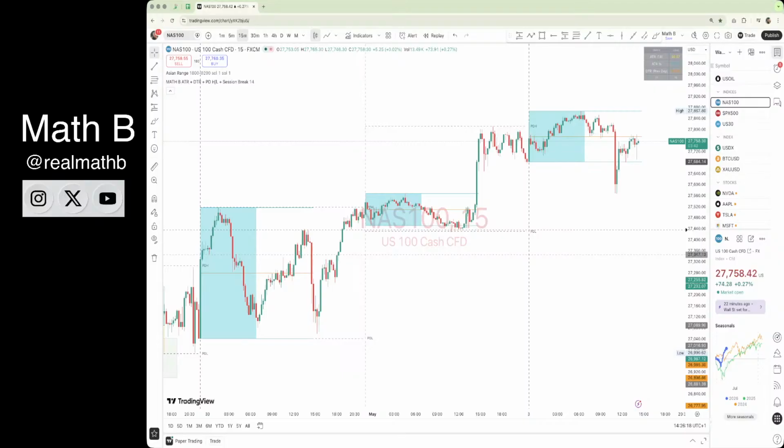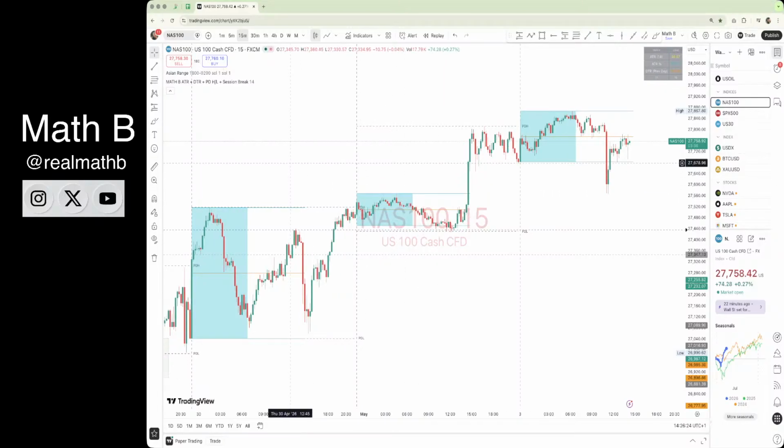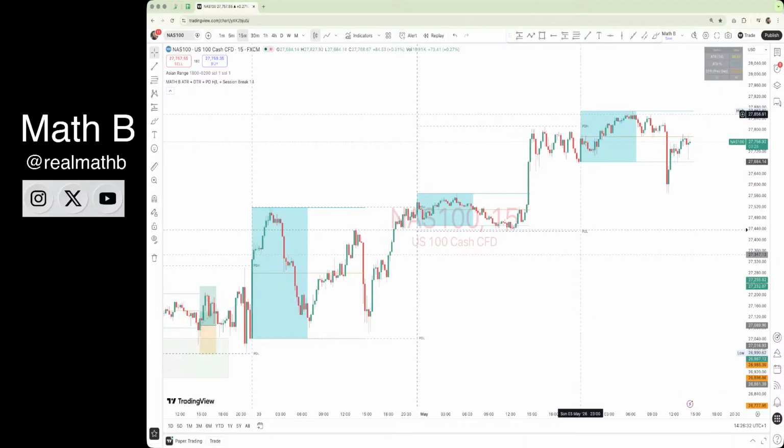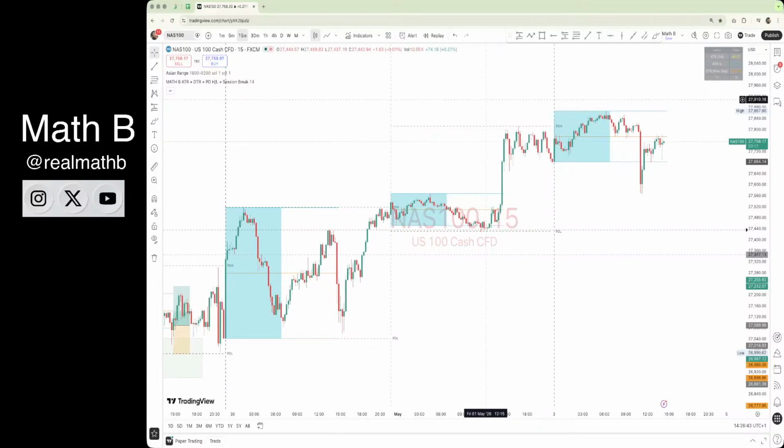Especially if you don't know why I'm using the indicator, I normally mark out the areas of liquidity or areas to pay attention to on NASDAQ. I normally use the PDH or previous day high, PDL, previous day low, Asian high and Asian low. Instead of me all the time marking it, I created an indicator that automatically marks it.